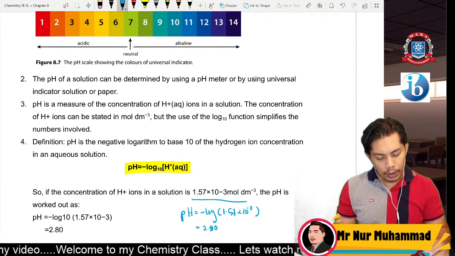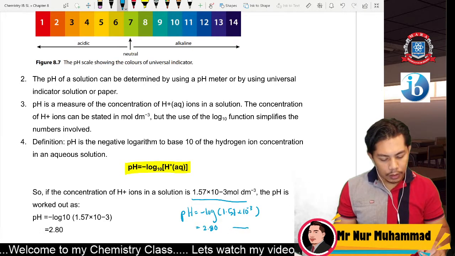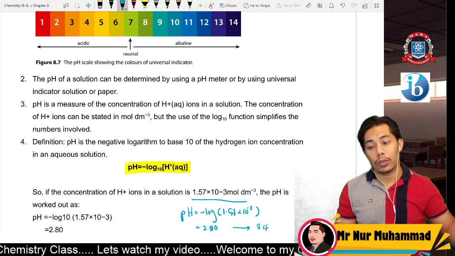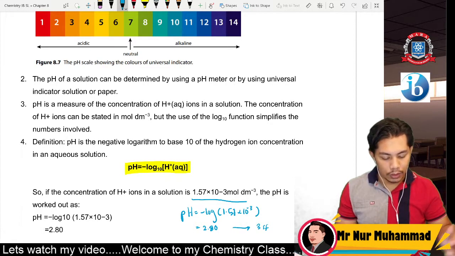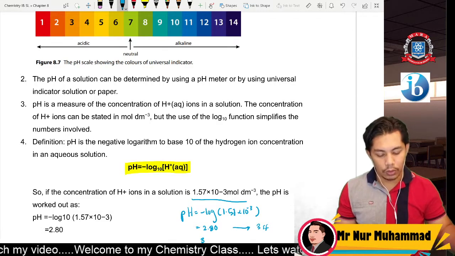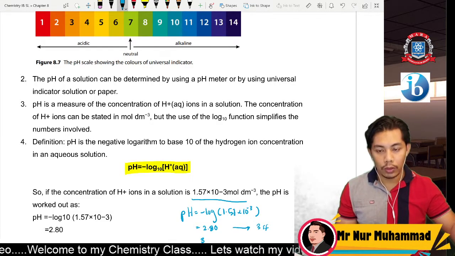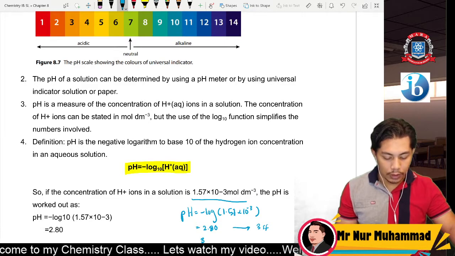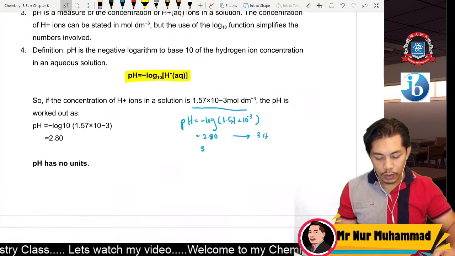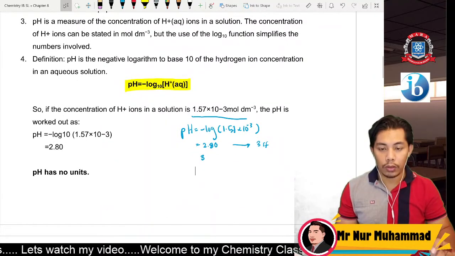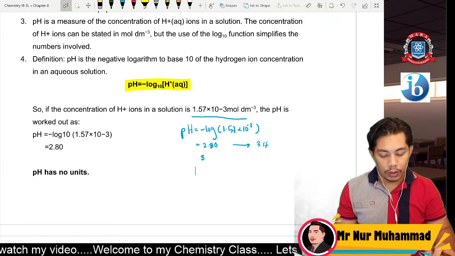I suggest that you use at least 3 significant figures as your pH value. Don't round off the value. Also, make sure there is no unit for your pH. Just the value only.